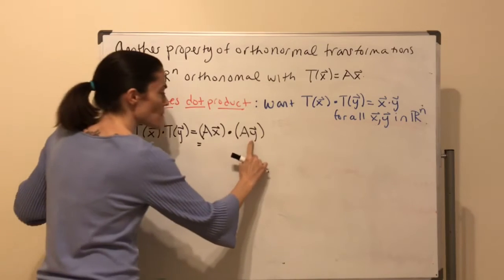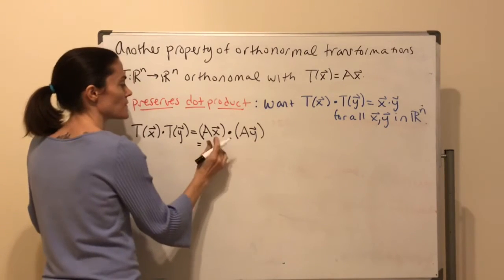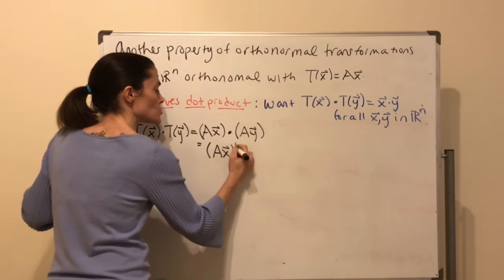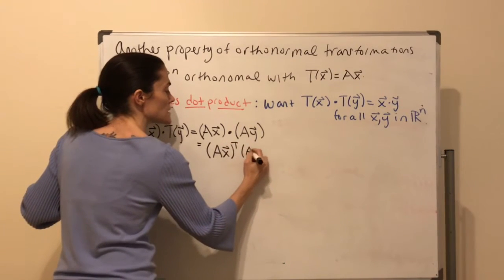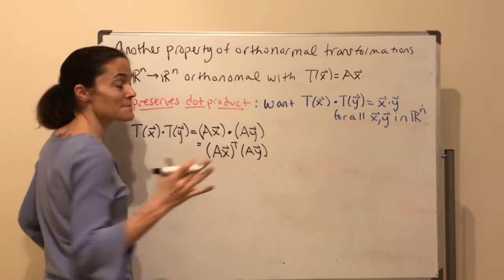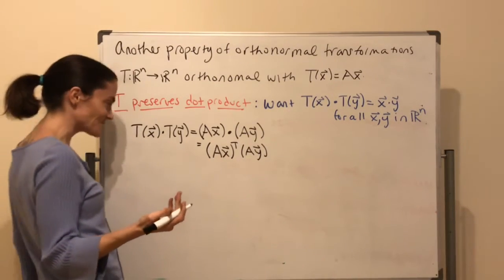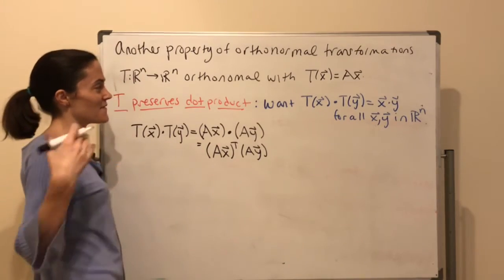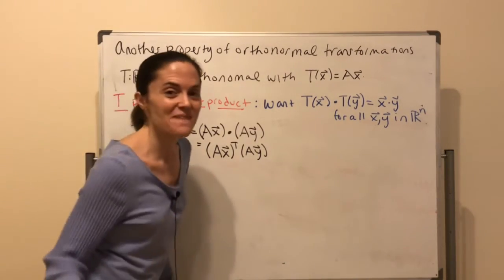So remember, what was this dot product? You can write it as follows, (Ax) transpose Ay. This is writing a dot product as a matrix product, right? But then we can use properties of transpose, properties of the fact that A is an orthogonal matrix.